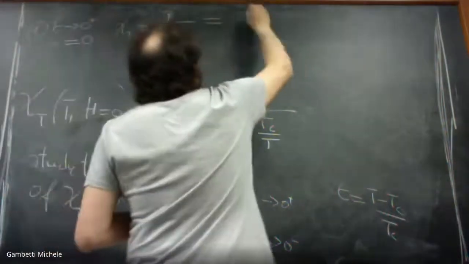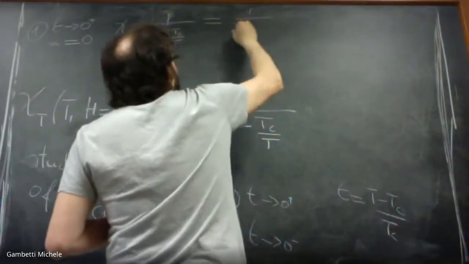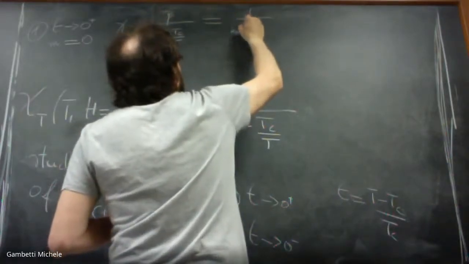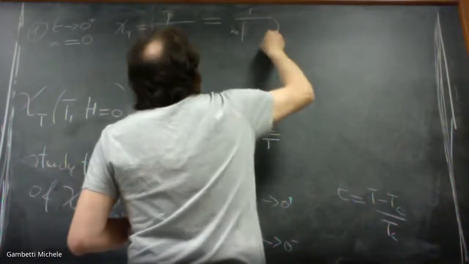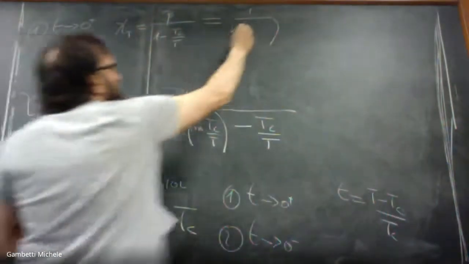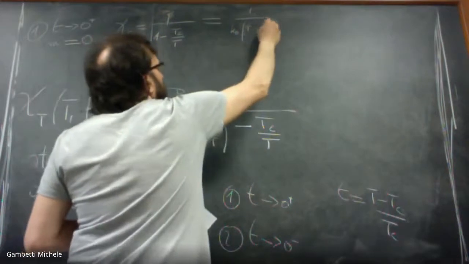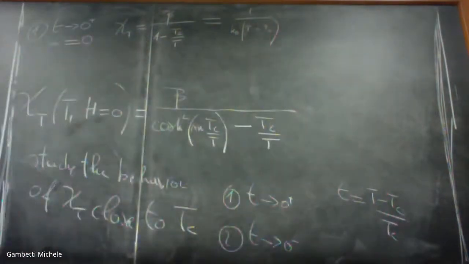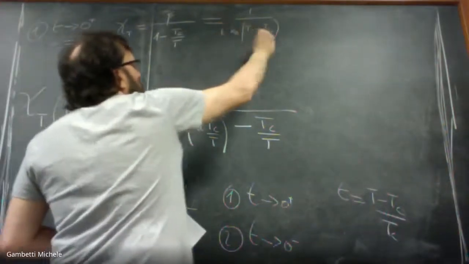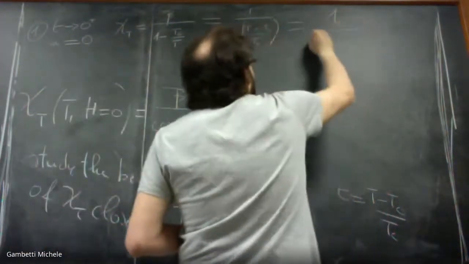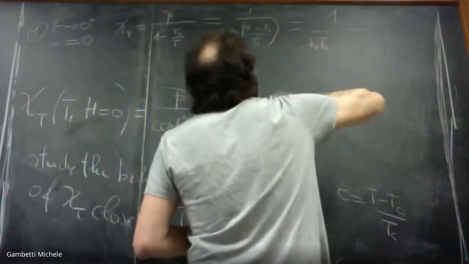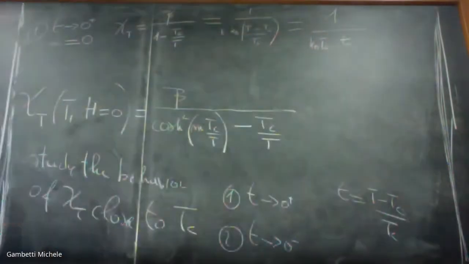Basically this is 1 divided by kB, so let me put the kB outside, and here I have T minus Tc. Let me multiply this quantity by Tc, and this is now equal to 1 divided by kB Tc and t.